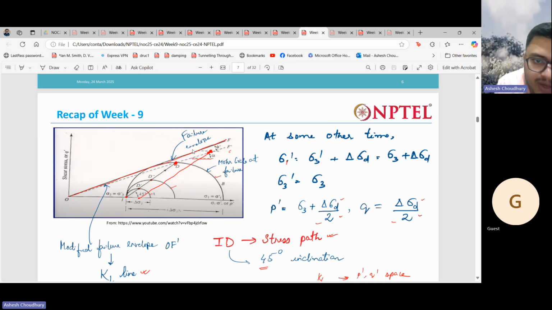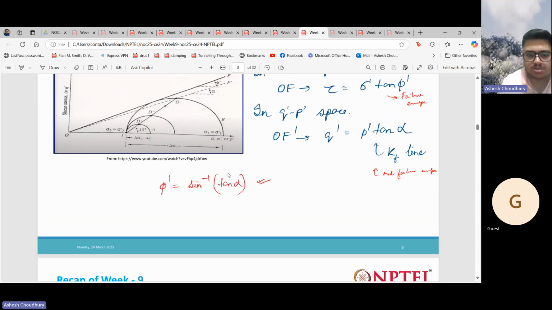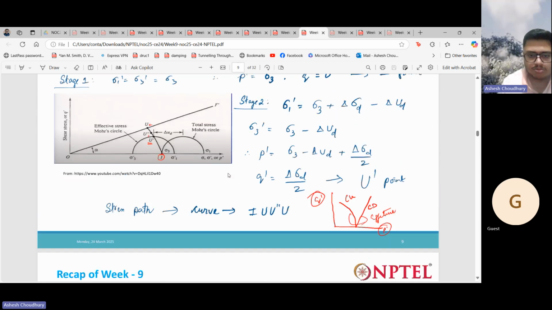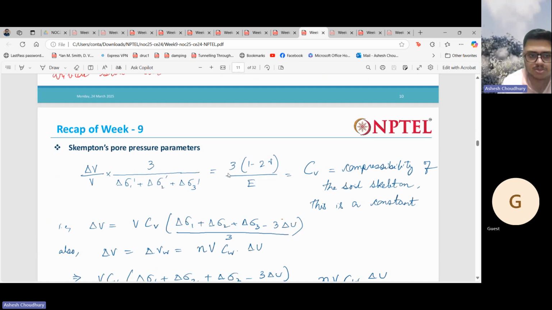This is the Mohr-Coulomb failure envelope, and this is the line that I have got from the stress path. Understood, right? From that also we can calculate the c and phi values. We will not go into this in detail now. I hope you have understood these things.